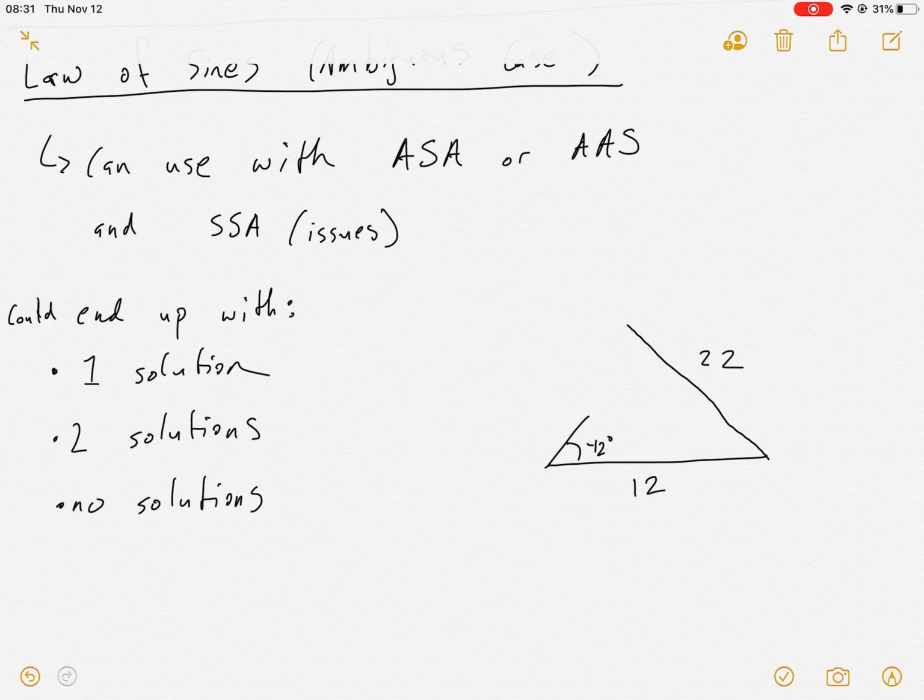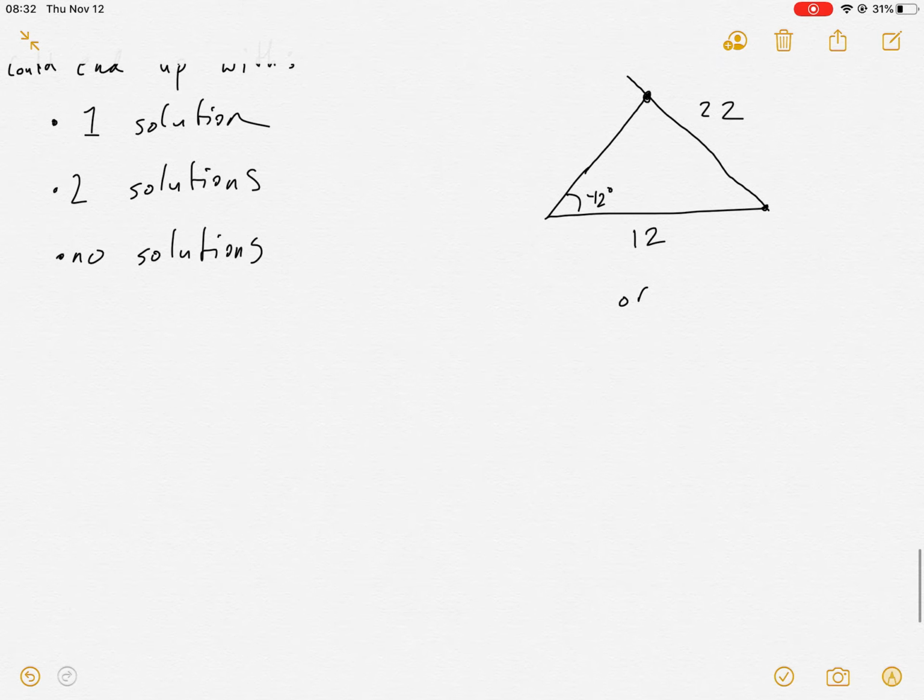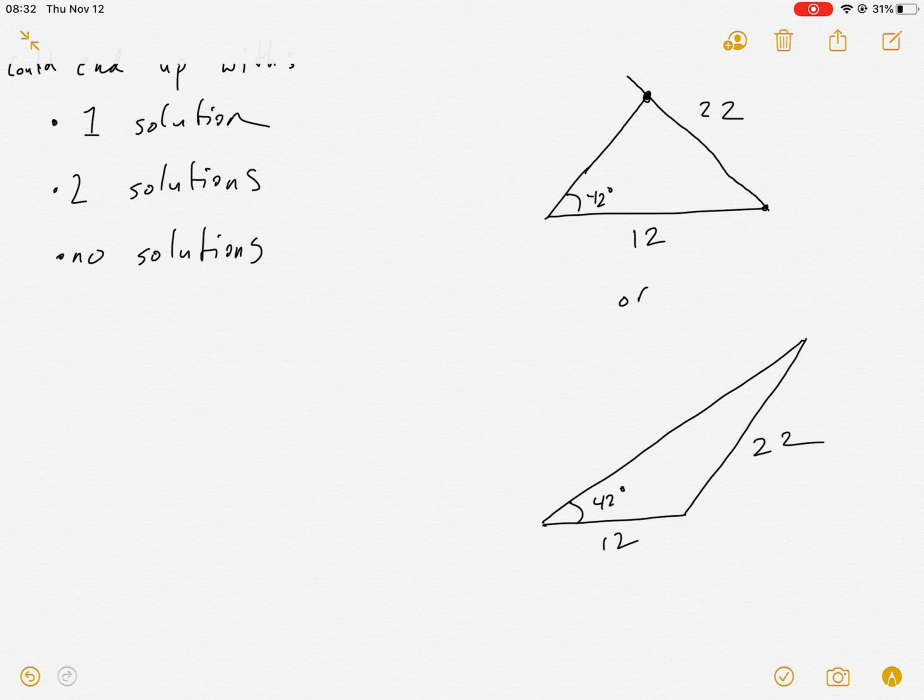So notice I could just go ahead and draw that up there, and that would be my triangle. So that works out really well. Or potentially what might happen is I have 12. The 22 actually goes like that. And so this would still work, except the triangle would end up looking like this.